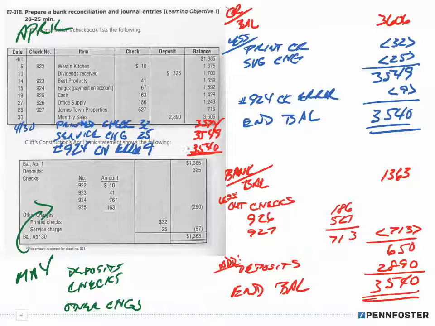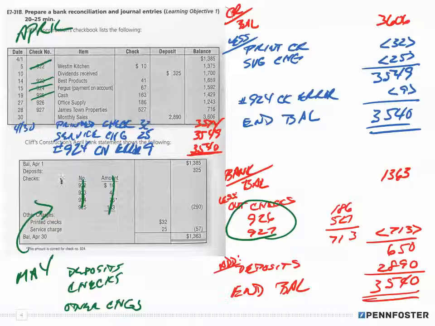Now here's the thing. When you did this reconciliation, remember you said 922 was canceled out because it hit the bank. 923 hit the bank, 924 hit the bank, 925 hit the bank. But 926 and 927 did not hit the bank. Right? So let's just say, and I'm going to make something up here, and I'm going to write it here to give you a bit more of a visual.